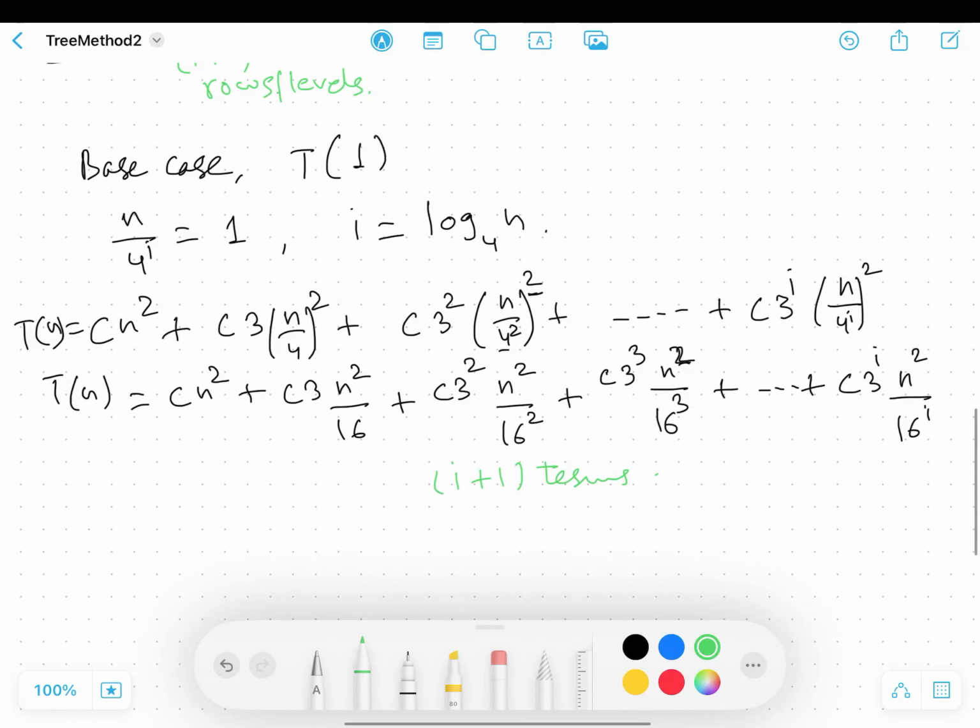Let me simplify this a bit so that you are able to see the pattern.